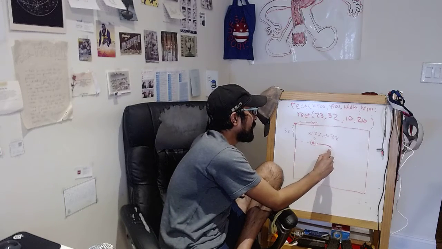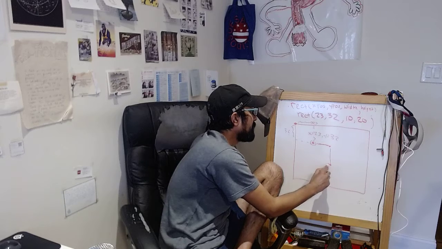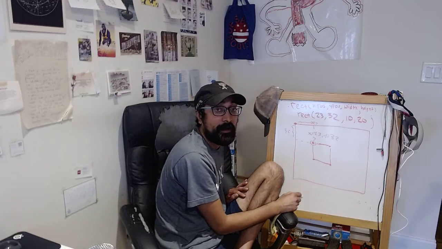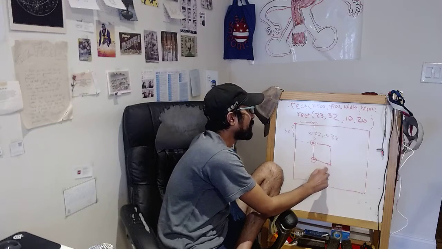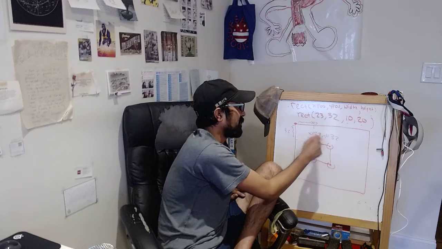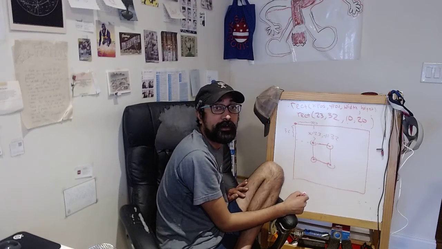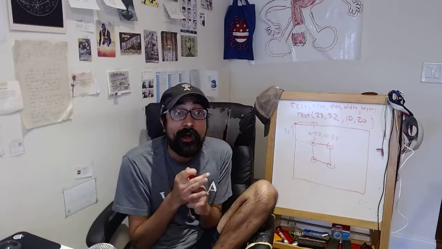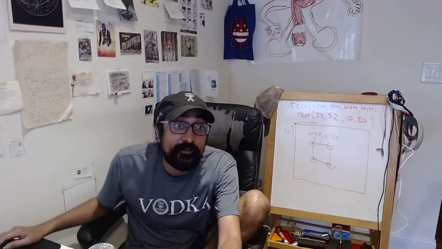So what are going to be each one of these points, if this point is x equals 23 and y equals 32? We'll do a quick drawing and then we'll come back and we'll talk more about your new friend rect.